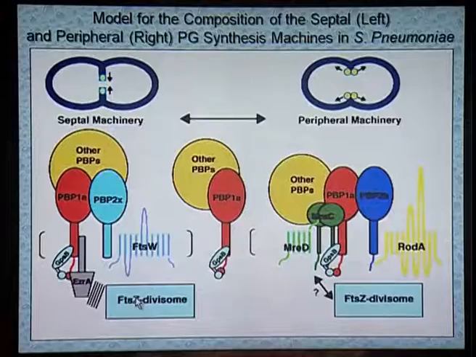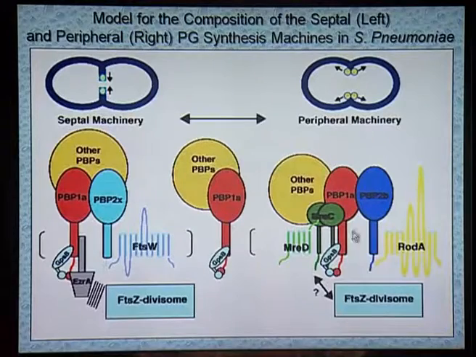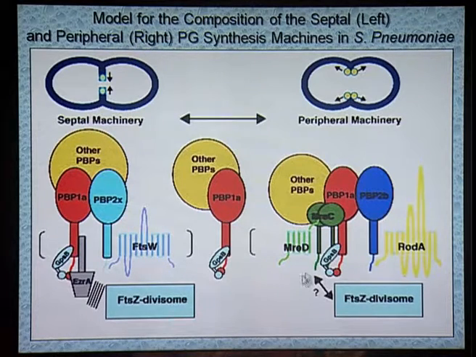Now, here what happens, the EzrA along with GpsB is very nicely anchored and associated to the Fts divisome, the divisome proteins, which will orchestrate the peptidoglycan synthesis along with the division of the cell. While in case of the peripheral machinery, this attachment is not seen. This does not happen. There is no EzrA here, and thus this kind of an attachment is not seen.